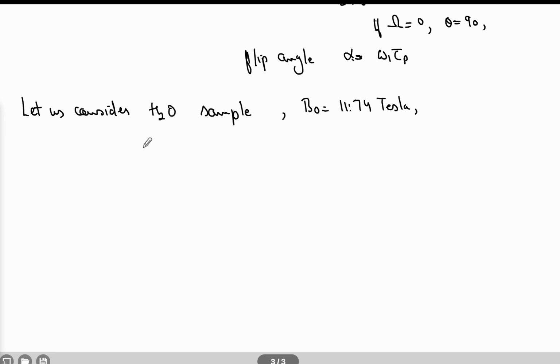So that means water protons will be precessing at, let's say, 500 megahertz, omega naught. Now I can set my rotating frame frequency RF at the same 500 megahertz. So my offset will be 0 here, because omega naught minus omega RF will be 0, right? So that is a very simple case.